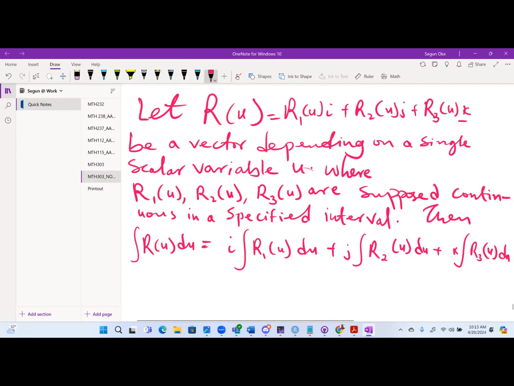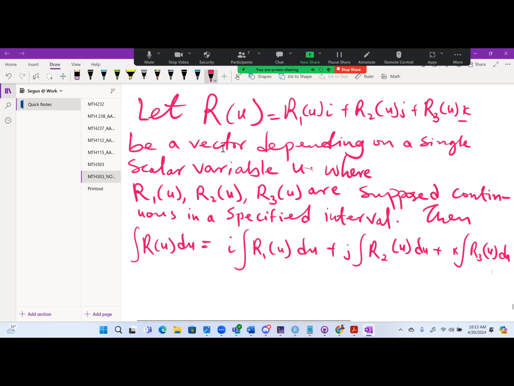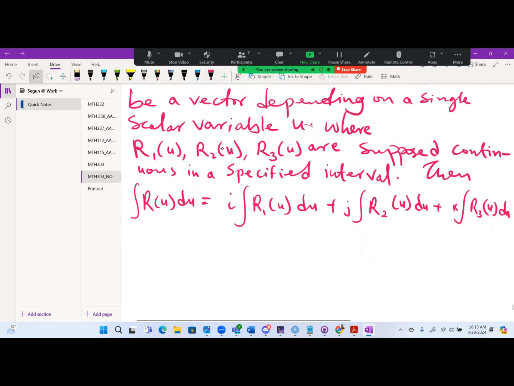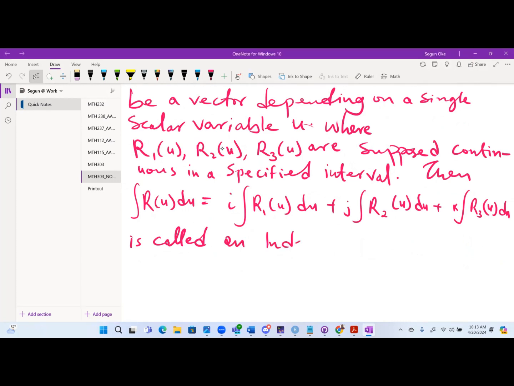So it simply means that this is called an indefinite integral of R(u).